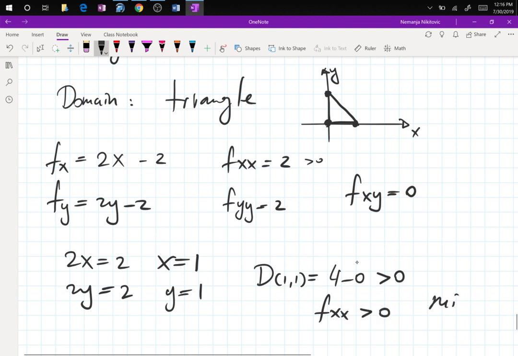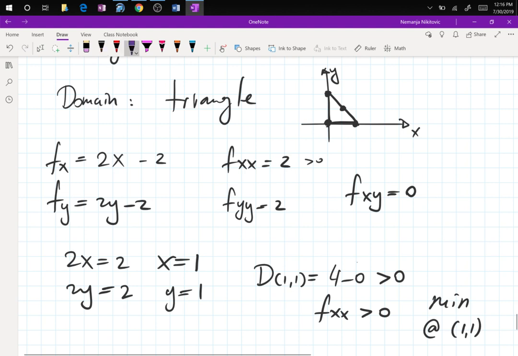We have a minimum at (1, 1). Minimum at (1, 1). (1, 1) is actually on the edge. We should also be able to detect that (1, 1) with the procedure that we are going to learn.